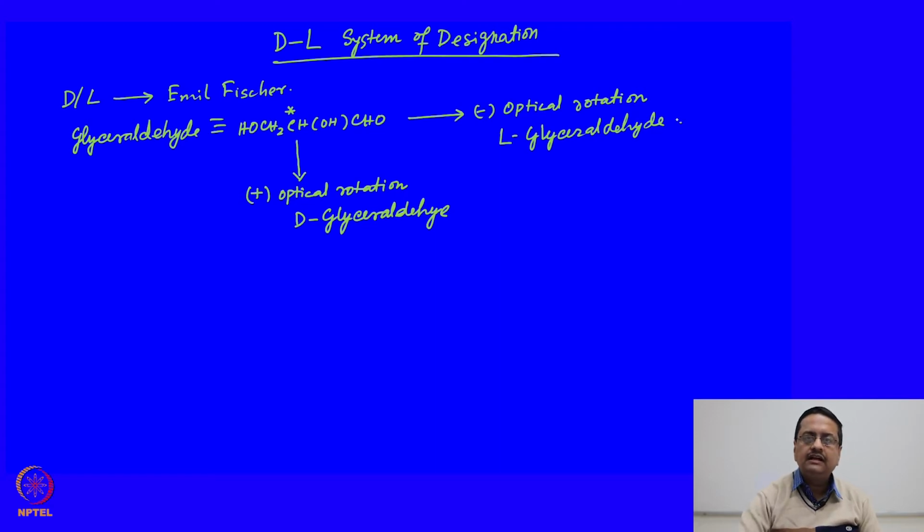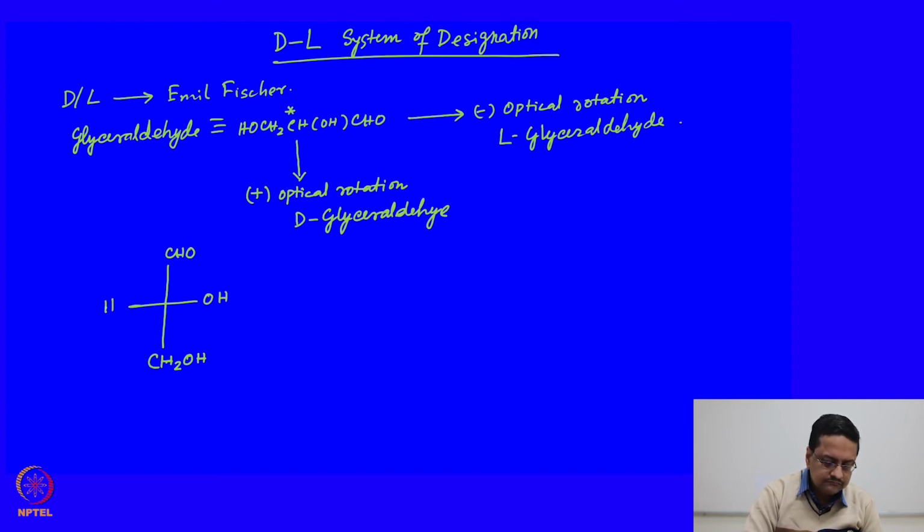And then also he identified these molecules using his unique projection formula, the Fischer projection formula that you have already learned, and identified the 2 molecules like this. When the OH group is on the right hand side of Fischer projection, he identified the molecule as D-glyceraldehyde.